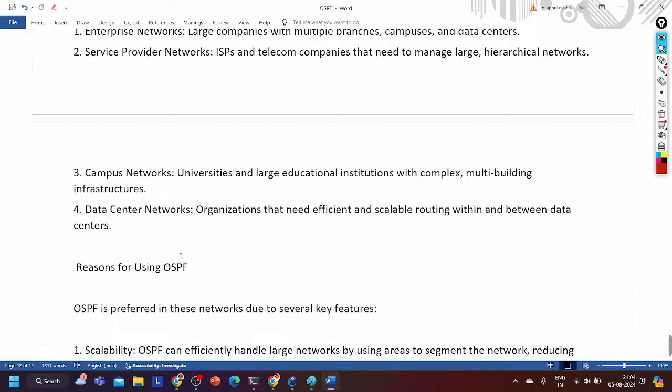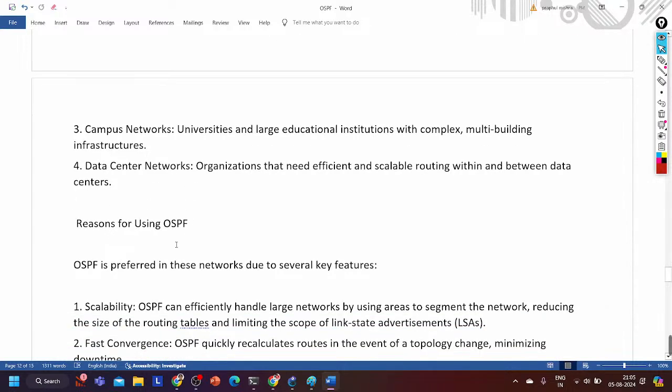Now I am trying to make you understand the use cases of OSPF, the suitable network types for OSPF. When I start BGP, I will filter it, and you will easily understand, okay, in this type of network I should use BGP. So data centers.